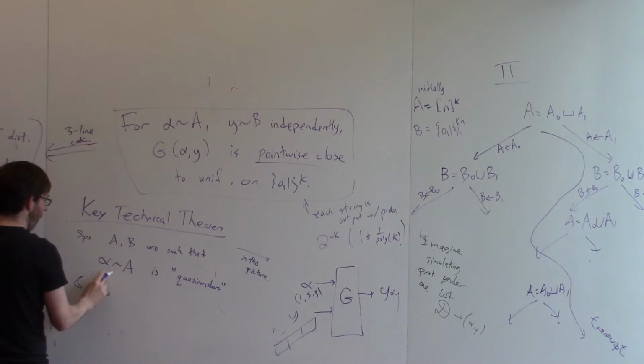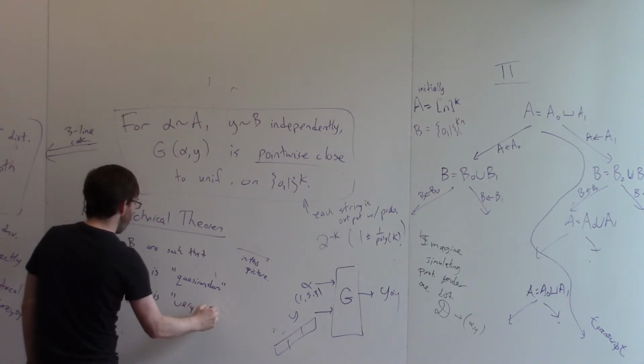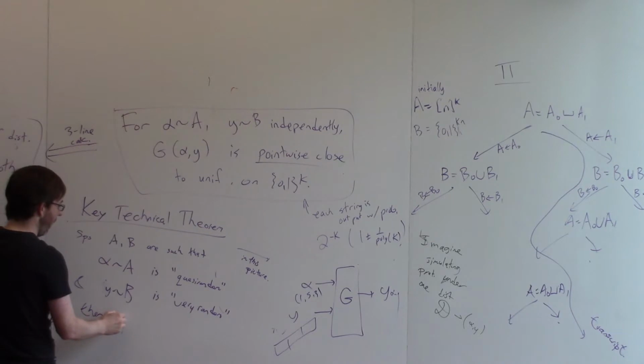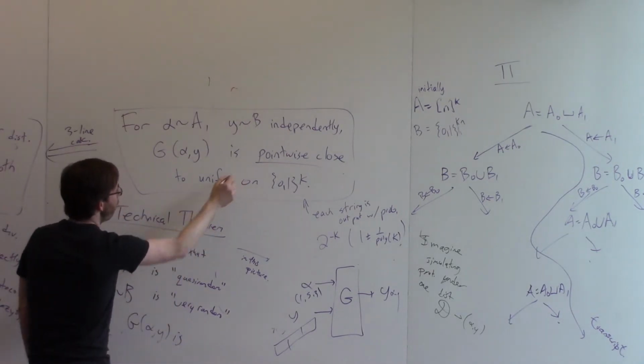And when you draw y from B, it has some property called very random. Then G, the output, G(alpha, y), is pointwise close to uniform.